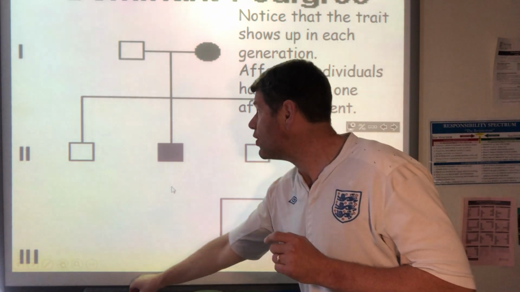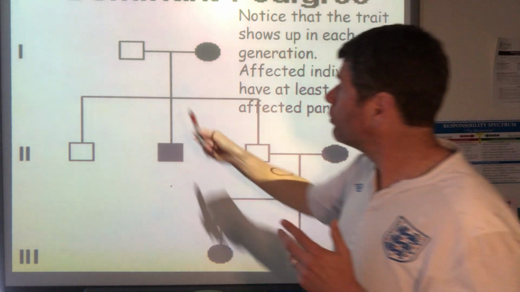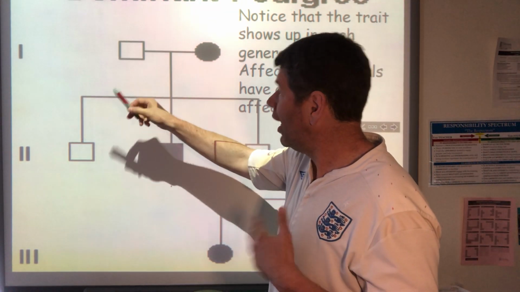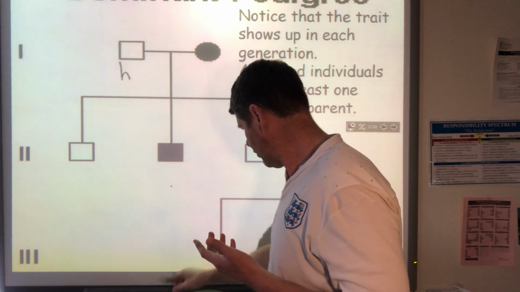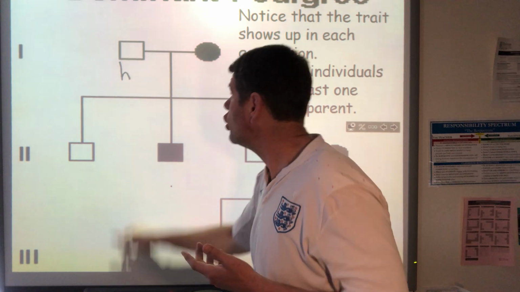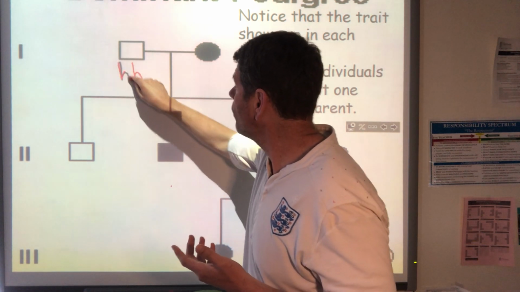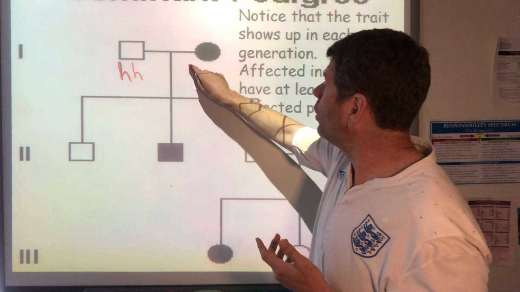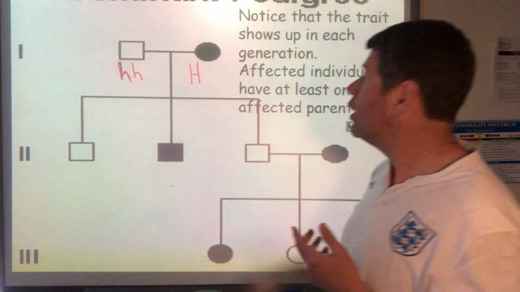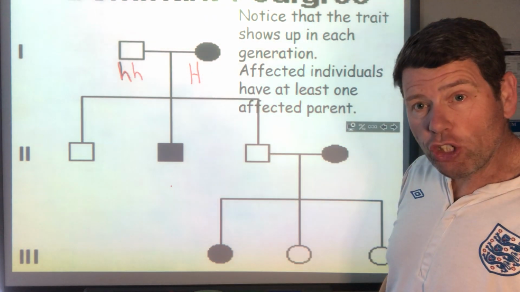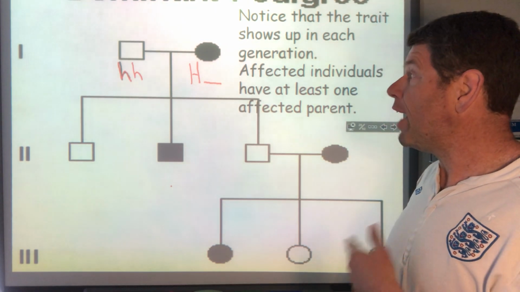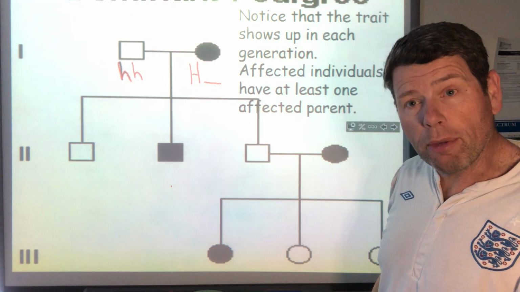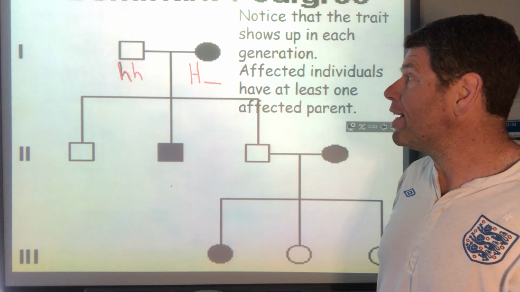So in this case, if you were normal, or you did not have Huntington's disease, you would be little h, and then this individual has the dominant disorder. So let's say we know they have the big H, but we're not sure what the other allele is, because they would have the disorder if they were homozygous dominant, big H, big H, or big H, little h.